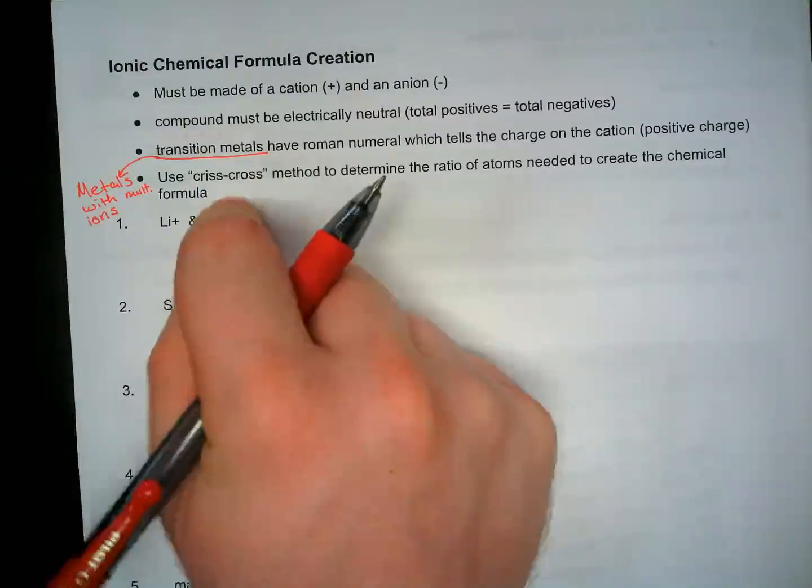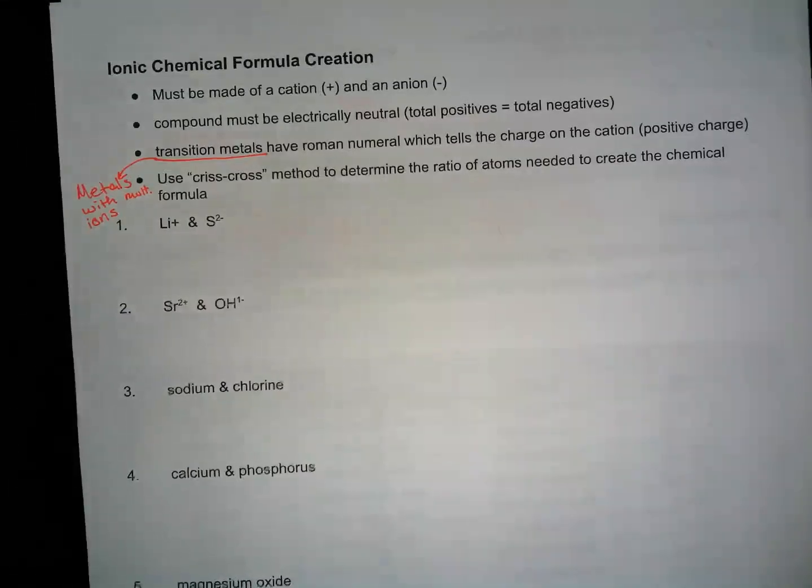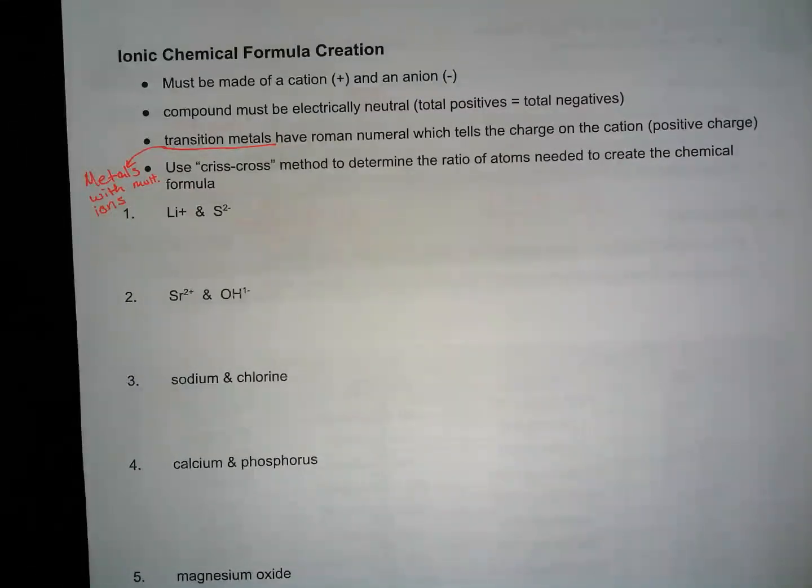Okay, we're going to be using what's referred to as the crisscross method to determine the ratio of atoms needed to create the chemical formula. Before we get into the crisscross method, let's take a peek at all these examples that we have here. It looks like we've got lithium and sulfur.